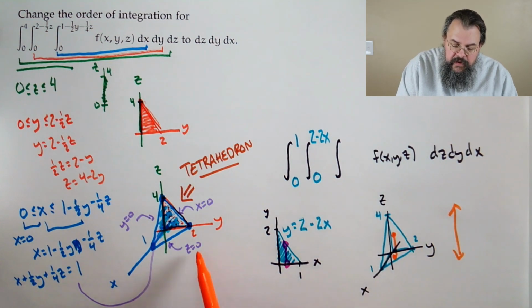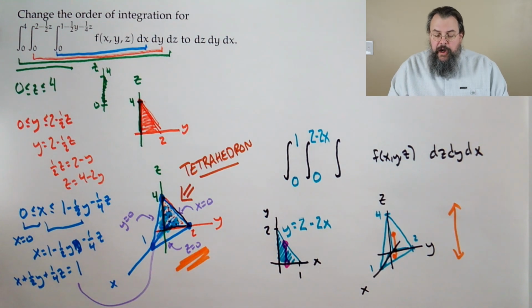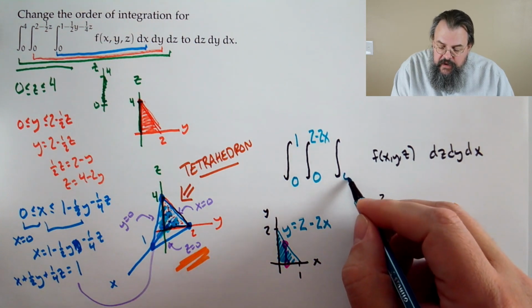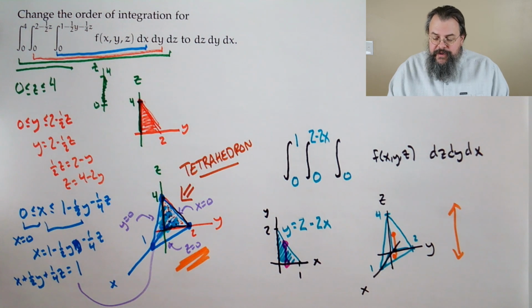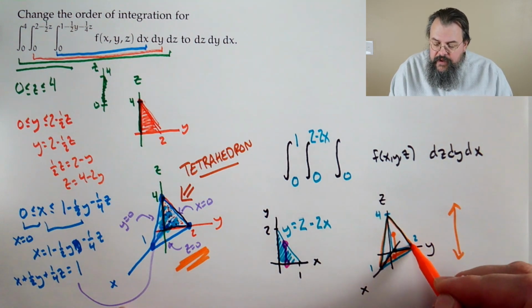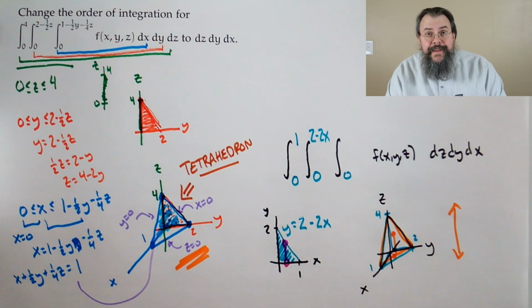The bottom surface is this surface, z equals 0. All right, well, that's great. That says that this here is 0. Where's the top surface? Well, the top surface is this face of the tetrahedron. What is that?